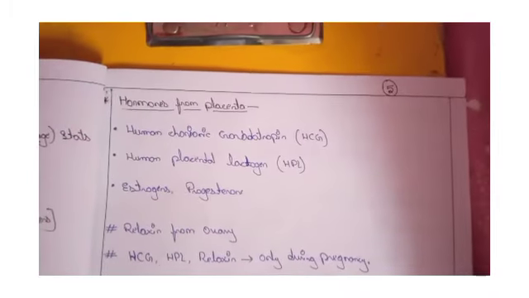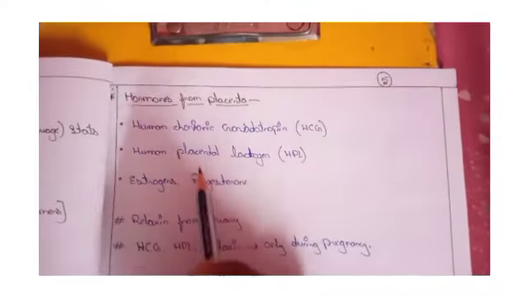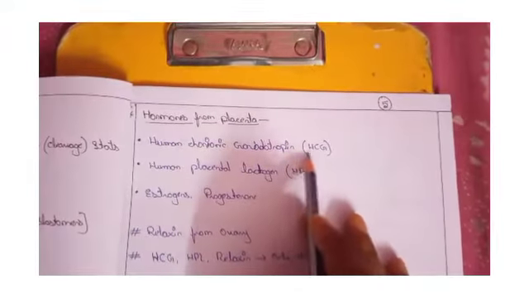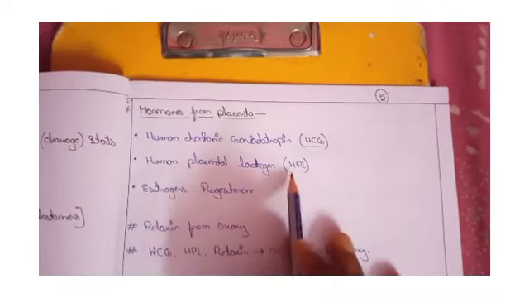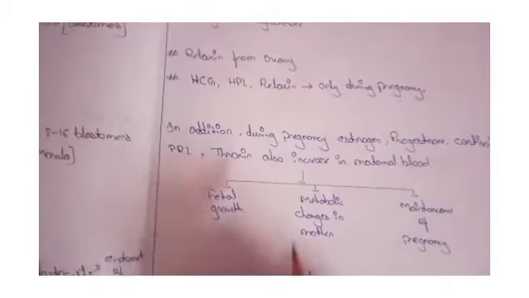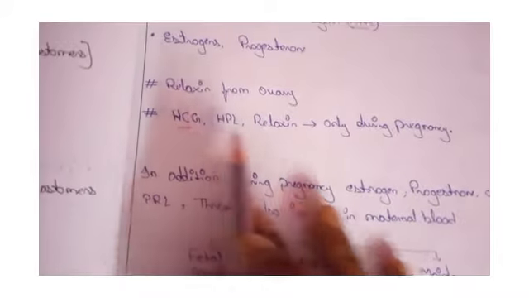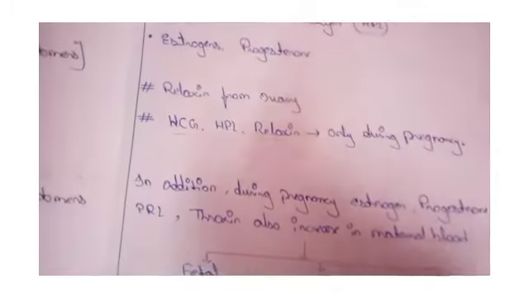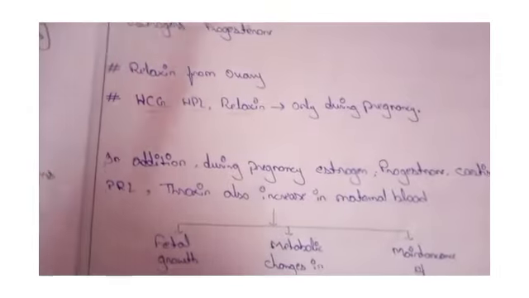So now our next topic is which hormones are present for the placenta. Human chorionic gonadotropin, HCG, human placental lactogen, HPL, estrogen and progesterone are from the placenta, and relaxin from the ovary. So HCG, HPL and relaxin are only present during pregnancy.